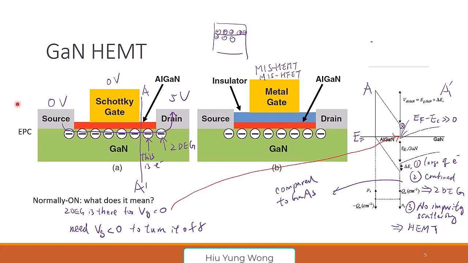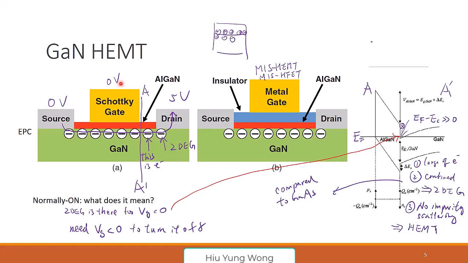Otherwise, it's going to turn on the transistor. Your transistor is switching, sustaining 600 volt, and you suddenly fail, then it's a disaster, right? So you need a gate safe drive to avoid this going to 0 if something goes wrong. If you are normally off, usually if it fails, everything goes to 0, then it doesn't matter. Your transistor is still off.